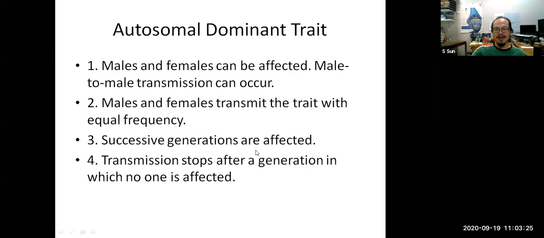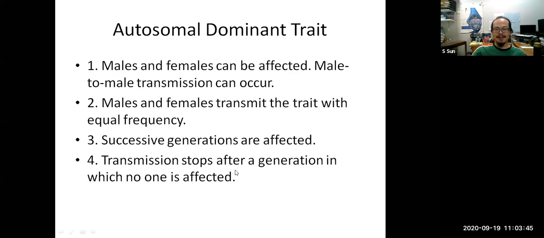Successive generations are affected, and transmission stops after a generation in which no one is affected. So that's dominant.